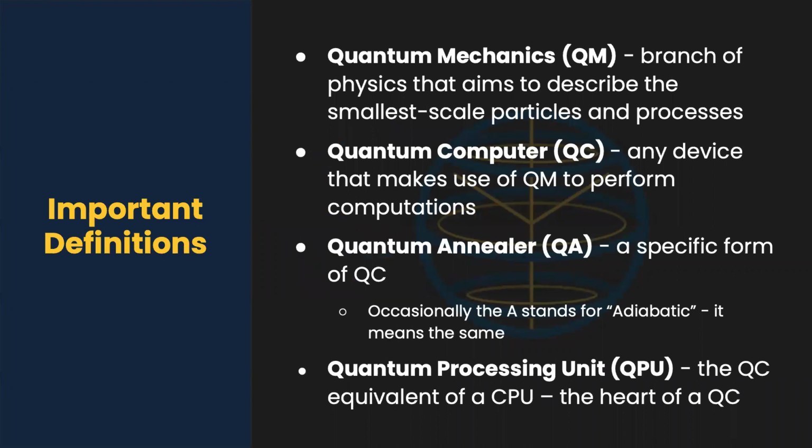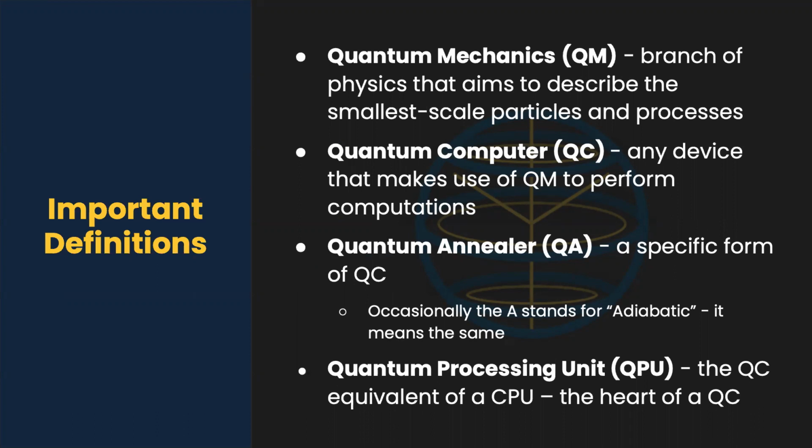Okay, so first things first, let's go over some terms. Most of these are pretty standard things in the quantum computing community. QM for quantum mechanics, just talking about the small scale physics, QC for quantum computer, QA for quantum annealer.